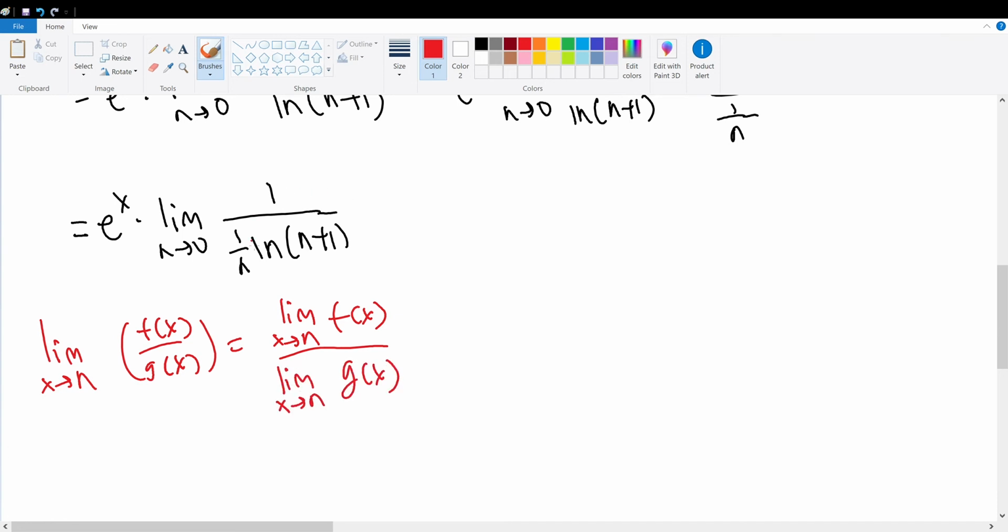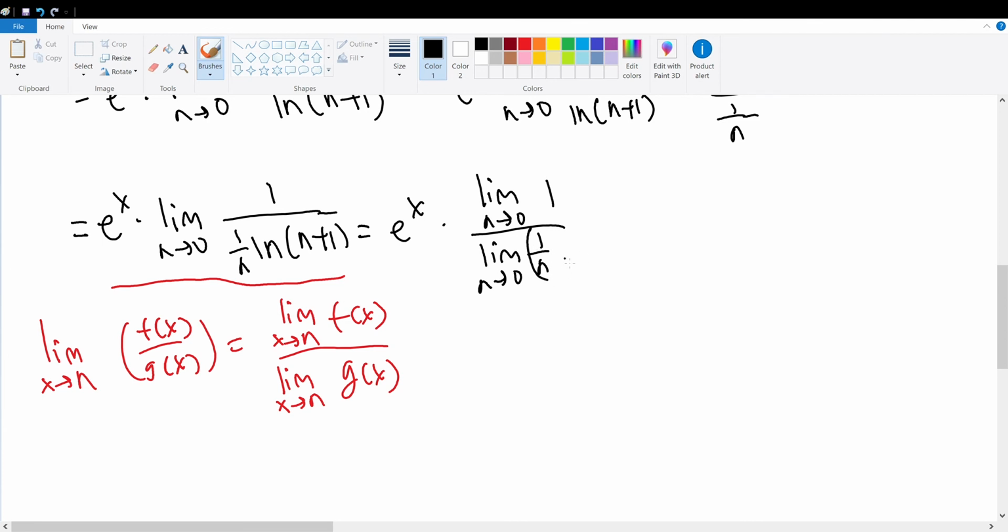So we can apply it to this limit right here and rewrite this to be equal to e to the x times the limit as n goes to 0 of 1 divided by the limit as n goes to 0 of 1 over n times the natural log of n plus 1.